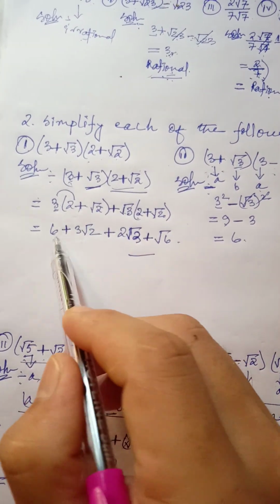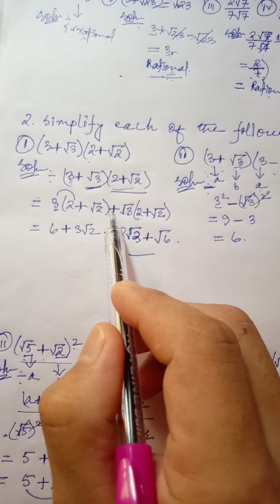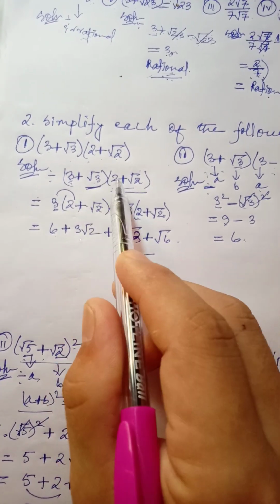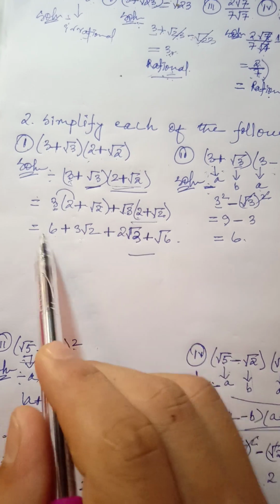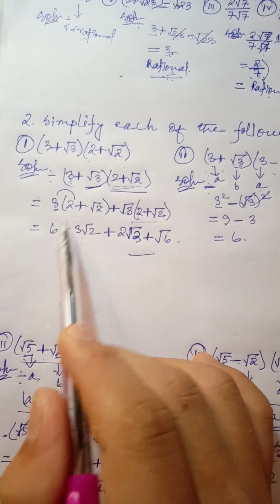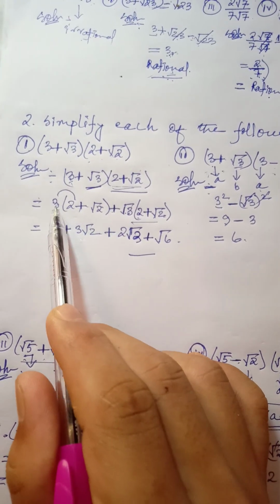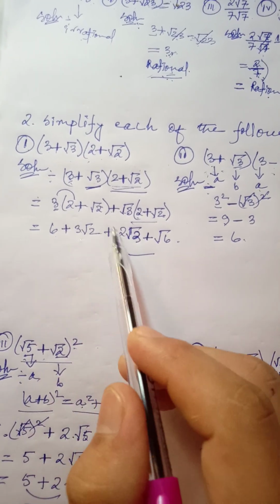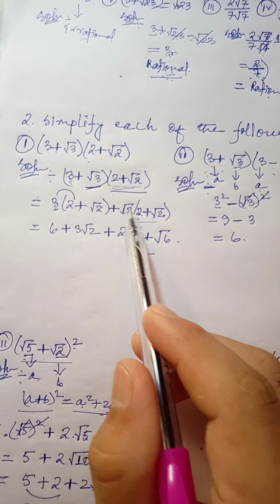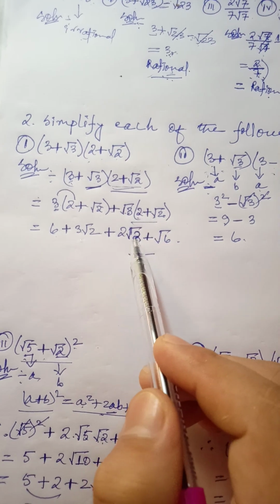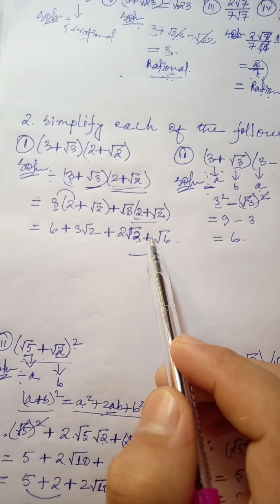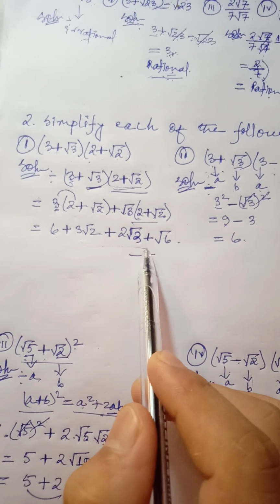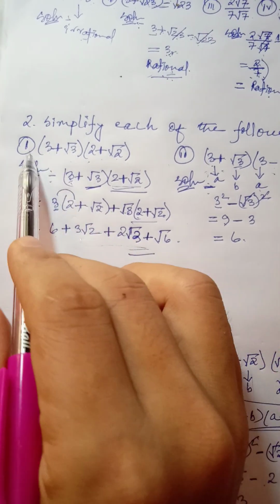So 3 times 2 gives you 6, and 3 times root 2 gives you 3 root 2. Plus root 3 times 2 gives you 2 root 3, plus root 3 times root 2 gives you root 6. So this will be the answer for Roman number 1.